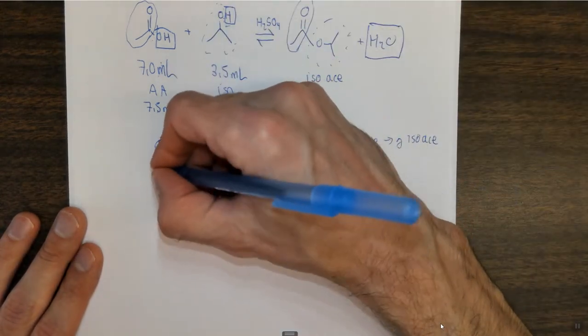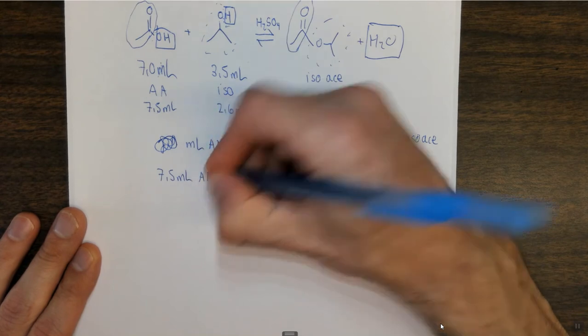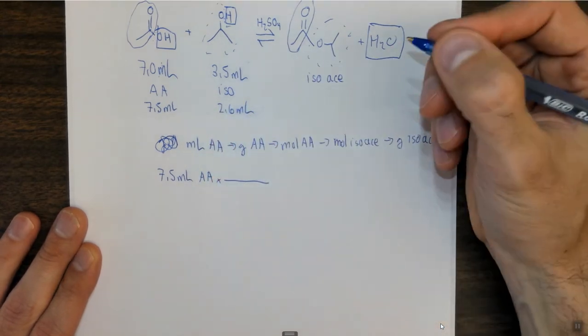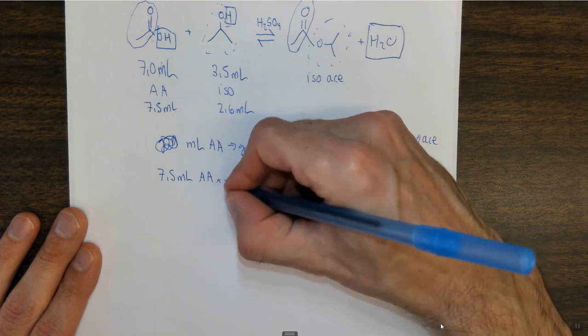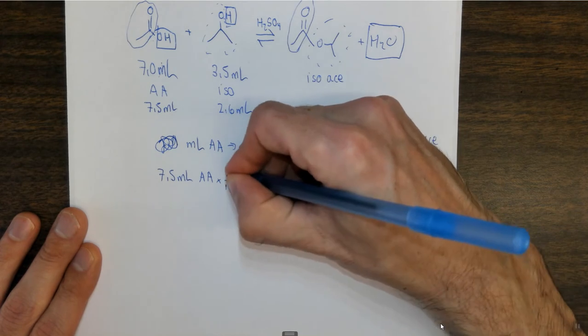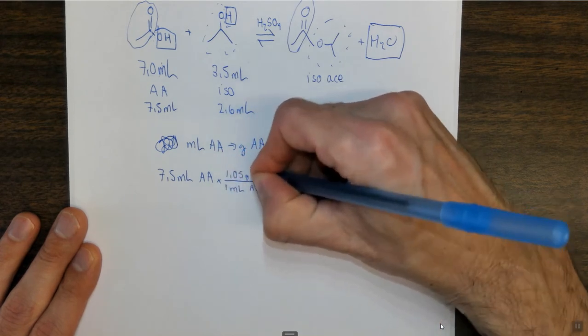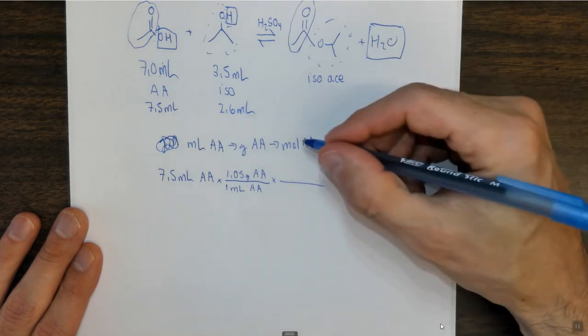So in this case, if I start with 7.5 milliliters of acetic acid, I want to convert it to grams using the density. It turns out that 1 milliliter of acetic acid is 1.05 grams of acetic acid. Now I want to convert it to moles of acetic acid using the molar mass.